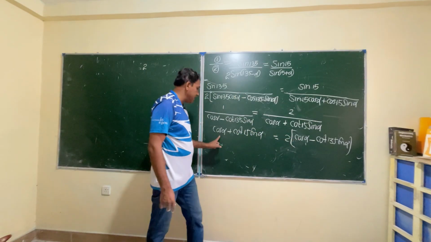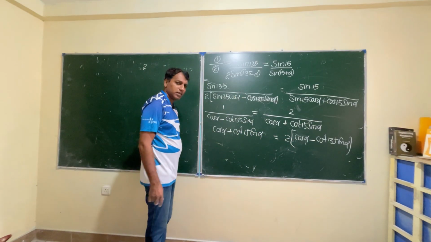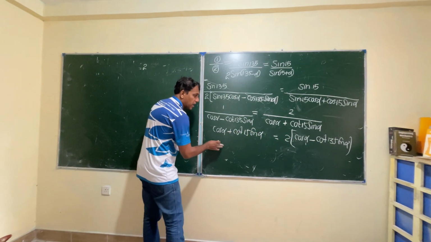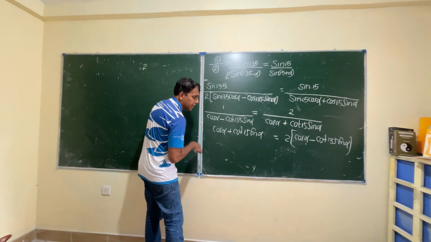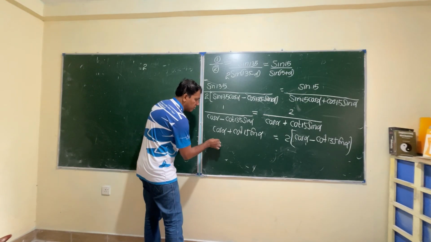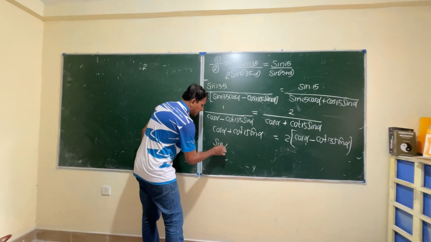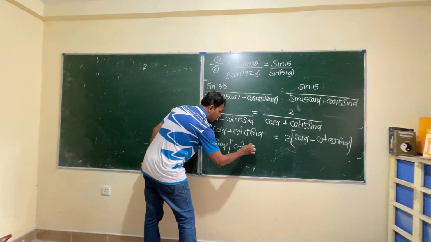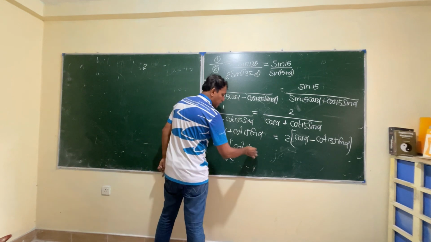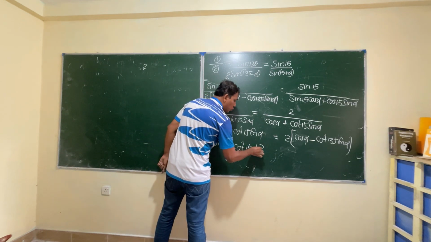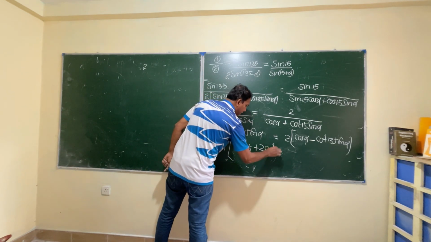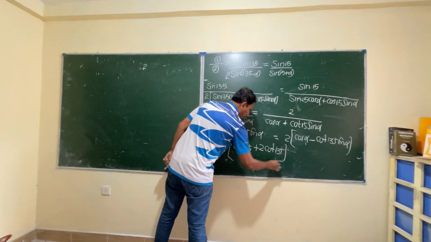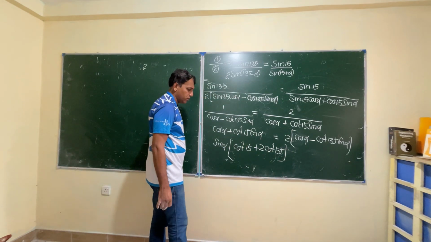2 cos alpha here, cos alpha on one side. So take the sine alpha terms to this side, sine alpha taken out. Let's see, cot 15 plus 2 cot 135. Okay, 2 cot 135.